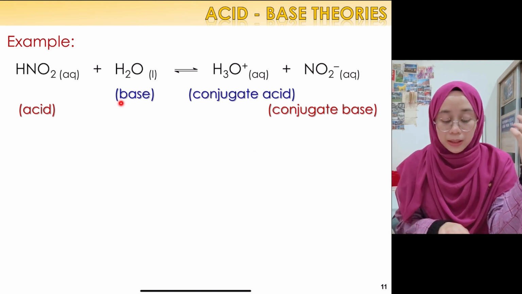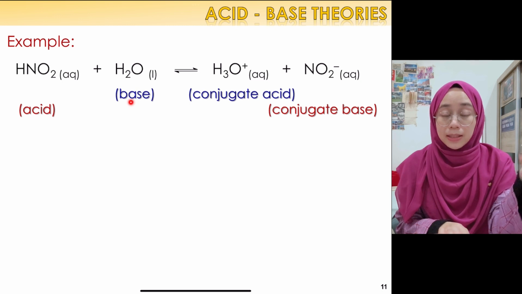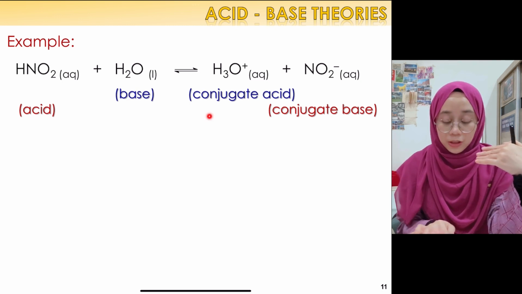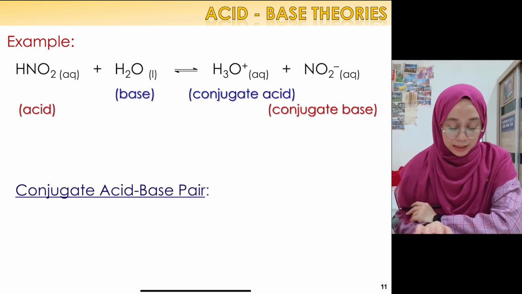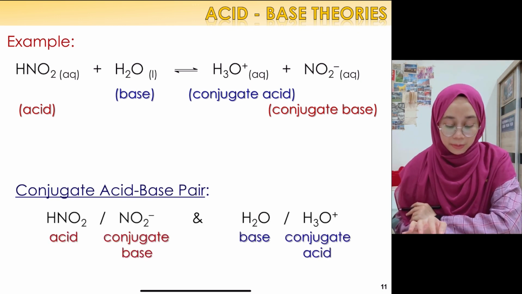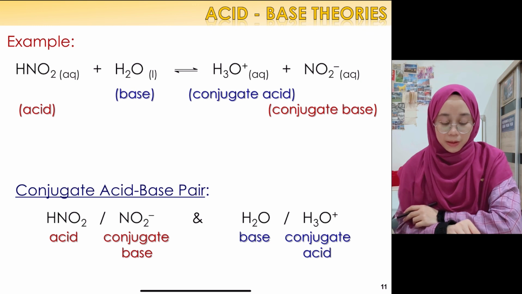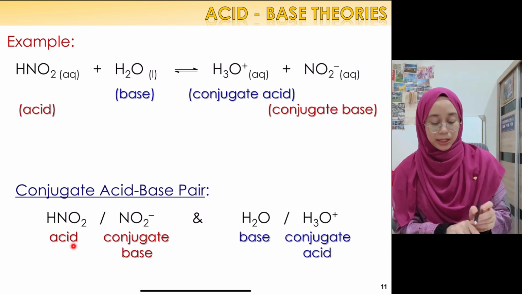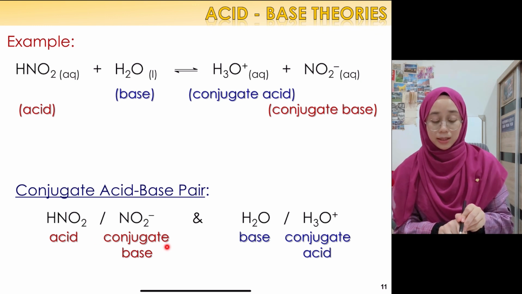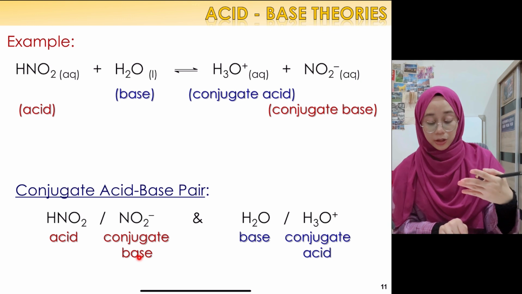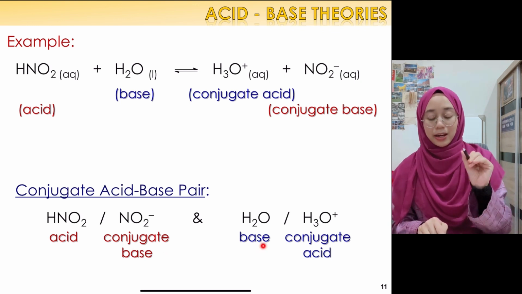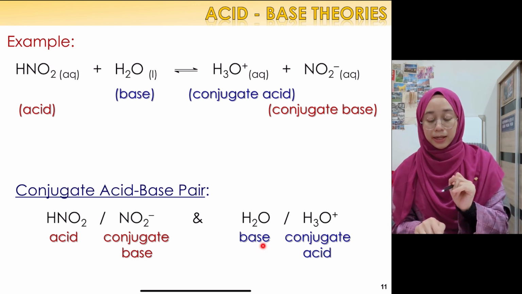Okay. Meanwhile water pula dia act sebagai base. So since dia accept proton, so dia akan jadi H3O+, so dia akan jadi conjugate acid. Okay. So the conjugate acid base pair bermaksud kat sini kita boleh tengok yang pair dekat sini HNO2, pair dia adalah NO2 minus. Okay, ini acid dia, ini adalah conjugate base dia selepas dia dah donate proton, and then water pula partner dia adalah H3O+.